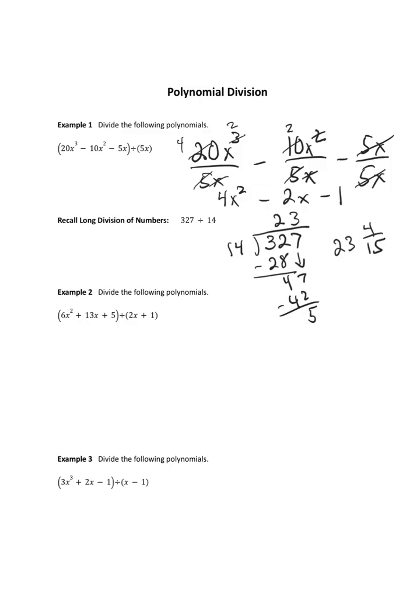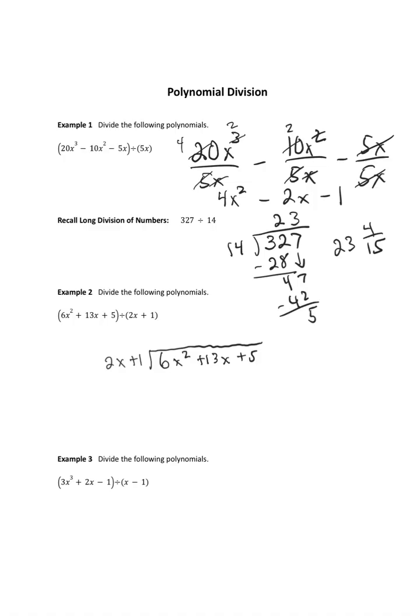So let's try this. The box here, like our division box, would have the 6x squared plus 13x plus 5 divided by 2x plus 1. So I start by thinking about it like this.